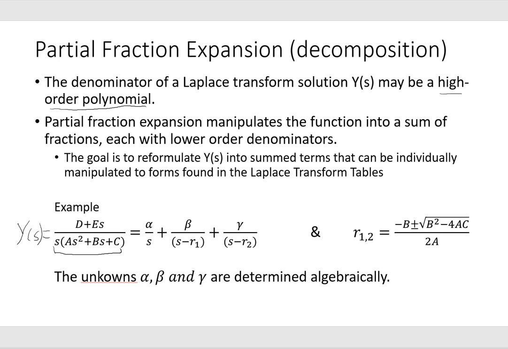Also, it's really useful to memorize, and I encourage you to do so, the quadratic equation. Remember, when you have a second order polynomial, you can apply the quadratic equation to determine the roots of that polynomial. Here in this most general form, the roots of this polynomial are showing up as R1 and R2.